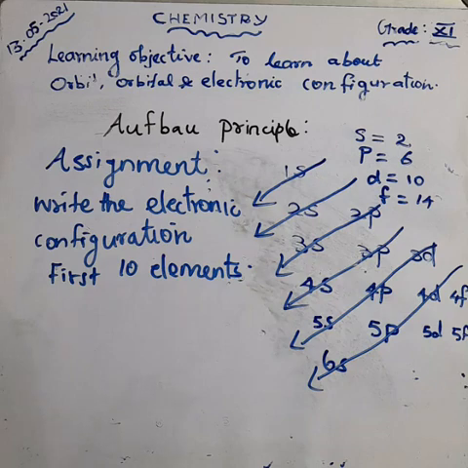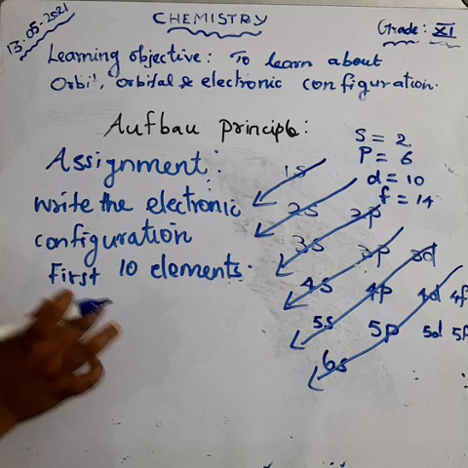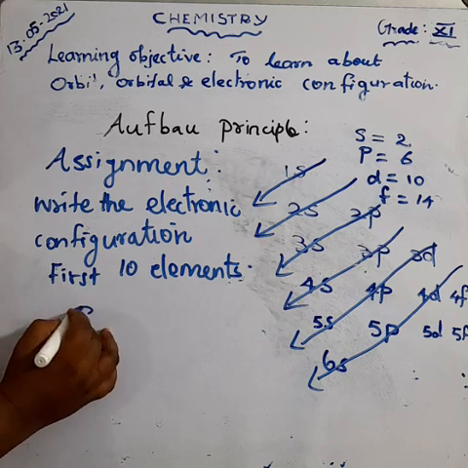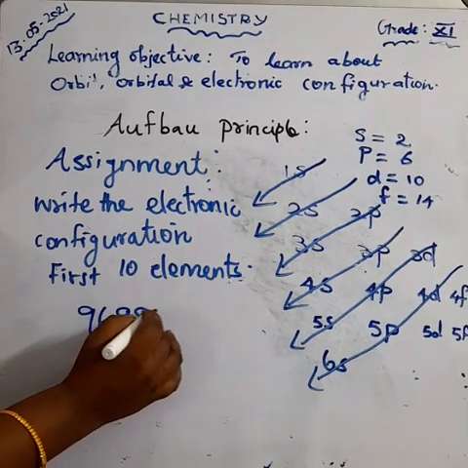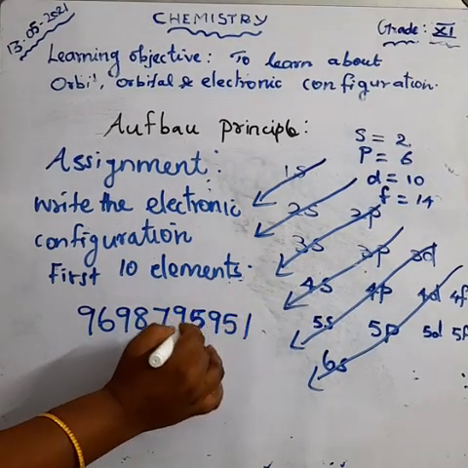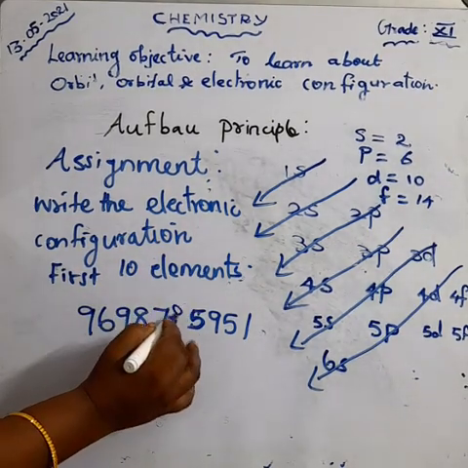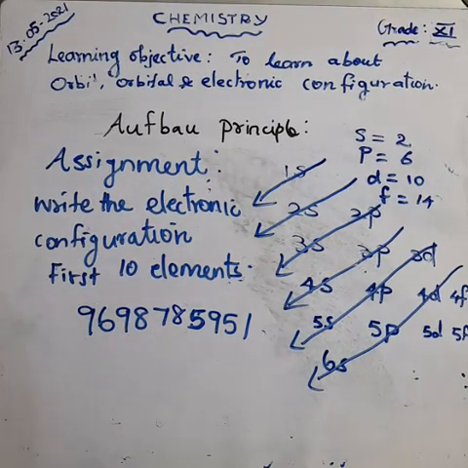What are the first 10 elements? Hydrogen, helium, lithium, beryllium, boron, carbon, nitrogen, oxygen, fluorine, and neon. For these 10 elements you should write the electronic configuration and send it to me through my WhatsApp number. Okay, you should write the assignment and send me through my WhatsApp number.